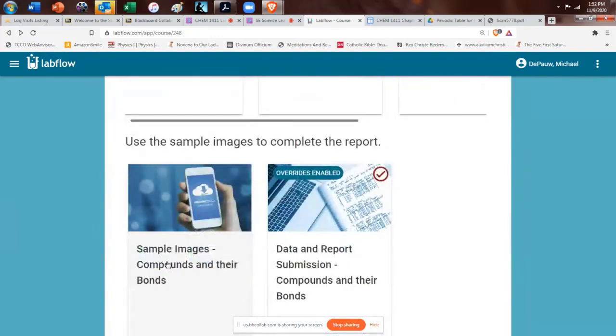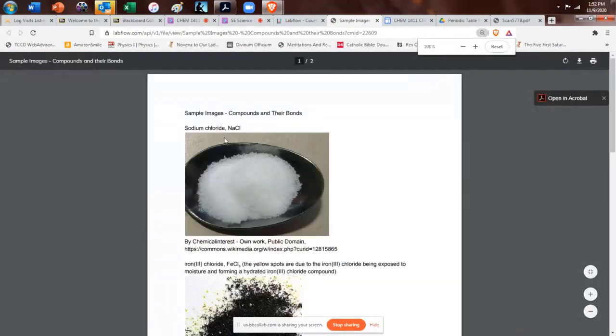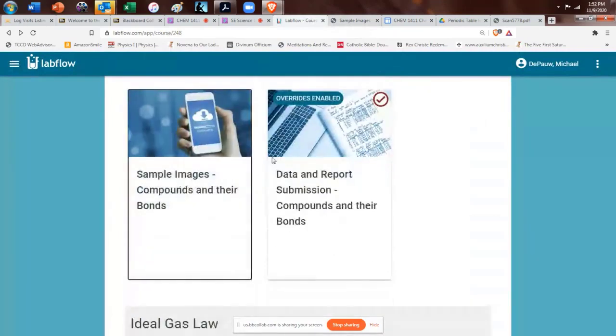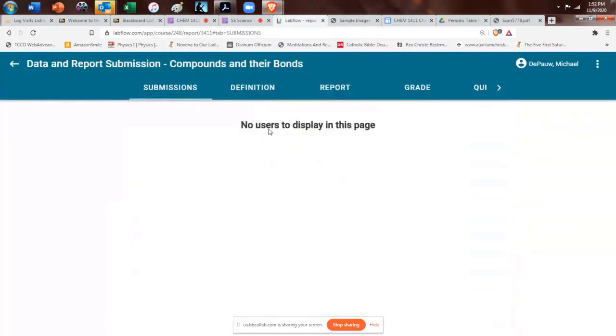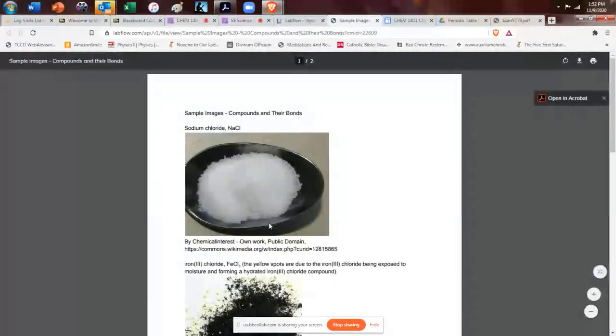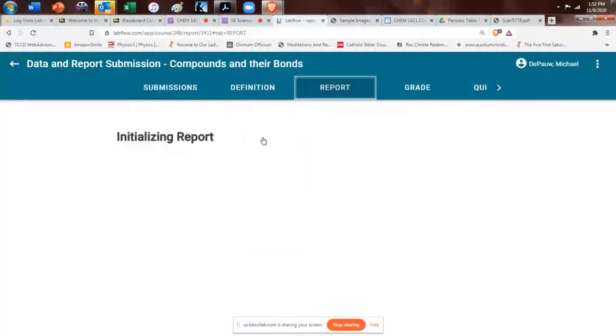There's also sample images, and this is what you're going to need to complete the lab. So if I open up the sample images tab, I see sodium chloride. Well, I can see, okay, this is just kind of a white crystalline solid. If I go back to the report, I have the white crystalline solid.